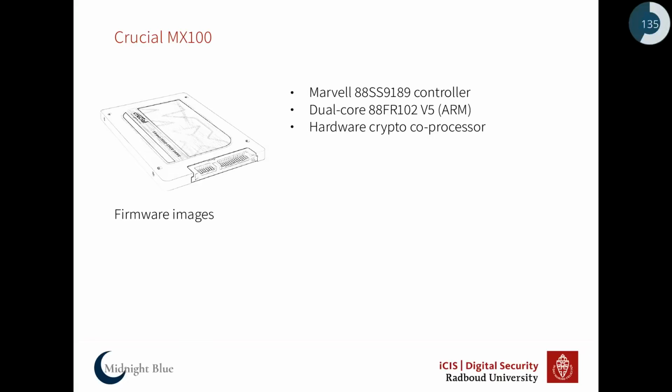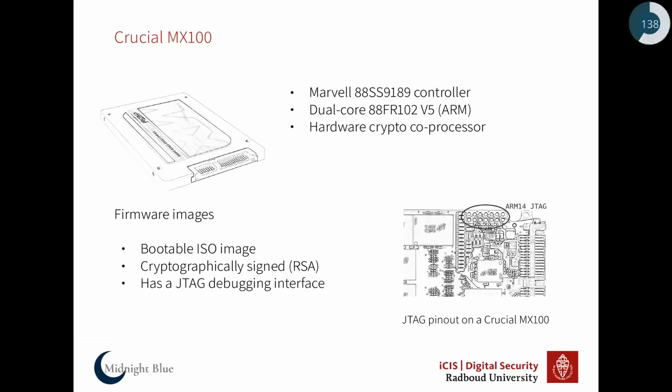Firmware images come as bootable ISO images. So you can just take the firmware image out, and it's plain text, everything's there. They're cryptographically signed though, so you can't just modify it and then flash it. But it has a JTAG debugger, so if you want, you can still flash it by breaking the signature checks.